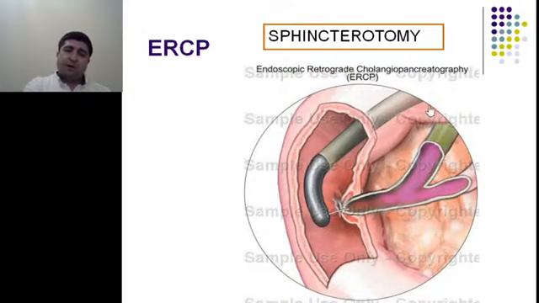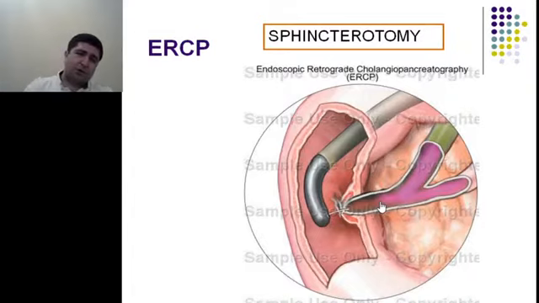Through this duodenoscope, by the working channel, we enter a special catheter to the papilla of Vater. This is the papilla of Vater, where the common bile duct enters the duodenum. So we enter the duodenoscope, we find the papilla of Vater, through the working channel we enter the catheter to the papilla and then enter contrast.